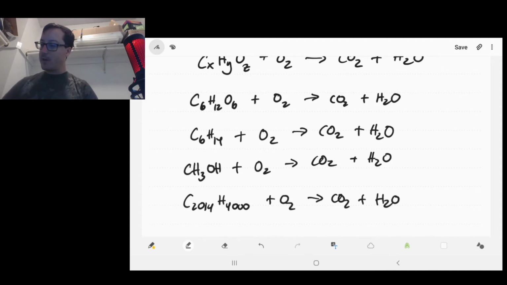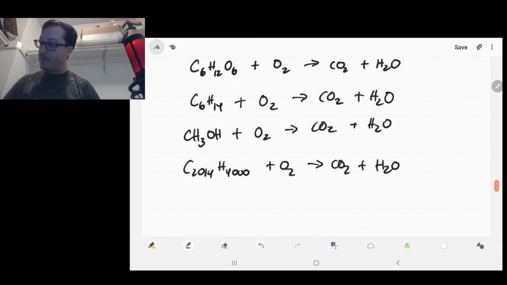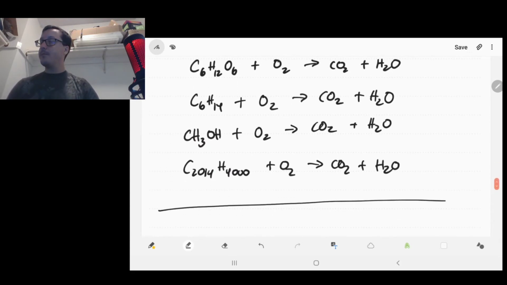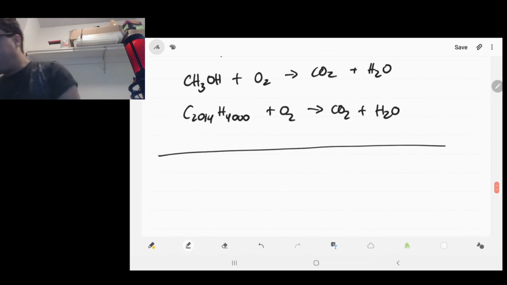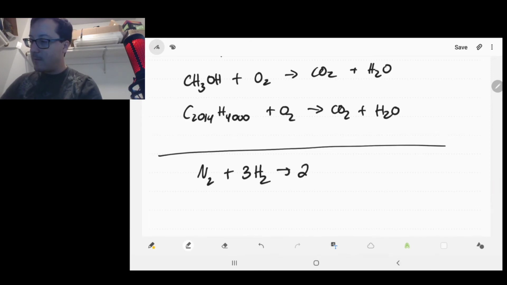Cool then. Let's talk about what to do with these reactions now that we're talking about them. Let's take our nitrogen and hydrogen combination to make ammonia.